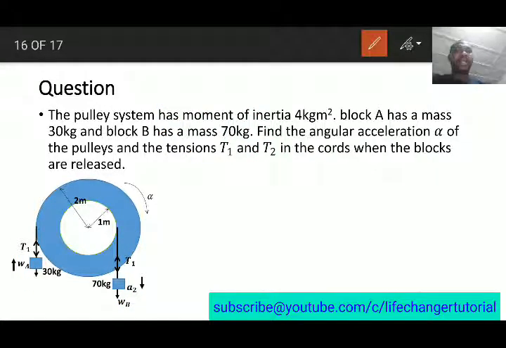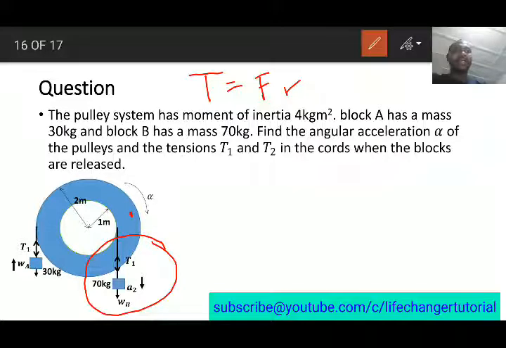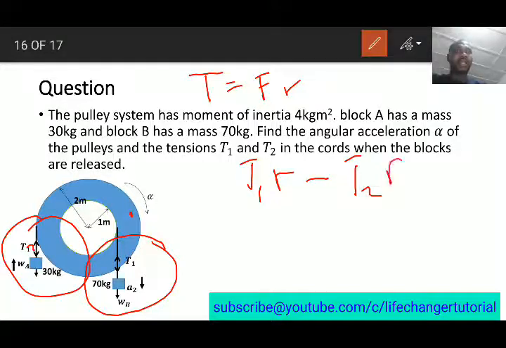So the unbalanced torque now: remember, torque is equal to force times radius. In this case the force is tension, so it's going to be T1 times R, minus the torque on the other side, which is T2 times R. Remember to make that correction. Since the radii are not the same, I can call them R1 and R2, and this is equal to the moment of inertia times angular acceleration.